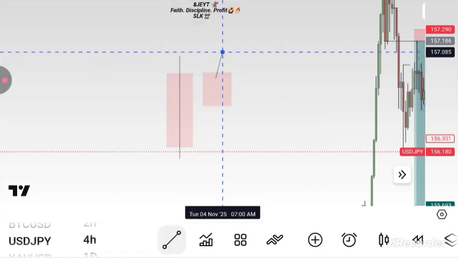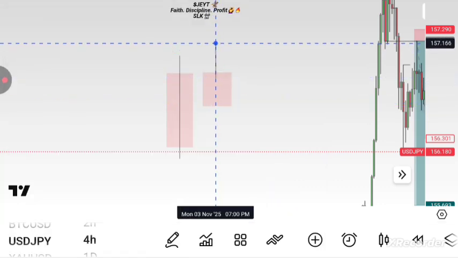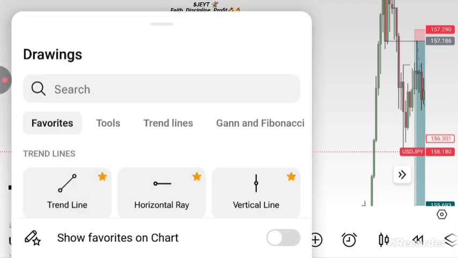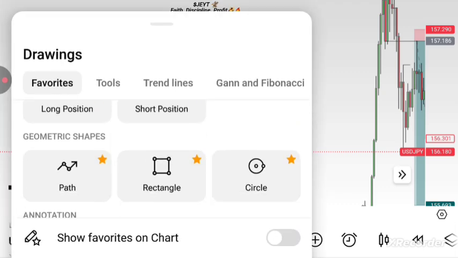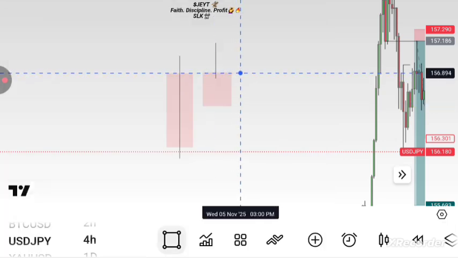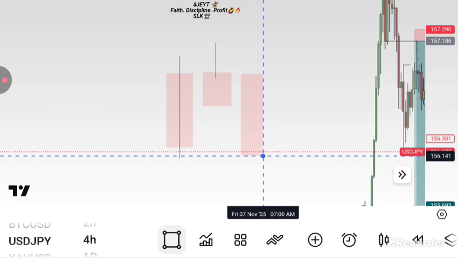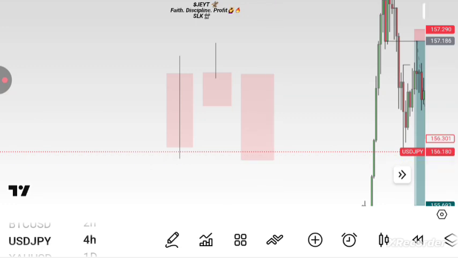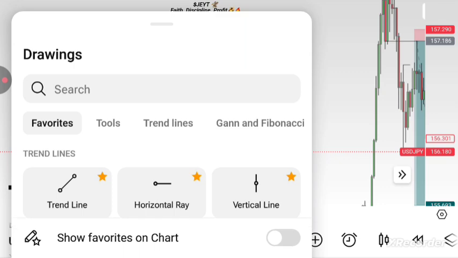I want to see price sweep the high of this candle. That's this second candle sweeping the high. Then I expect the third candle to react from this particular A shape, then go on to take the low of this candle. That's one of the confirmation entries that I use.